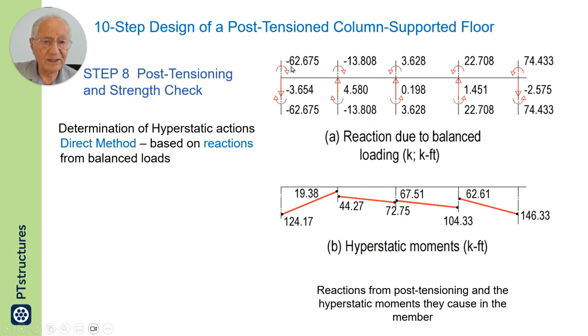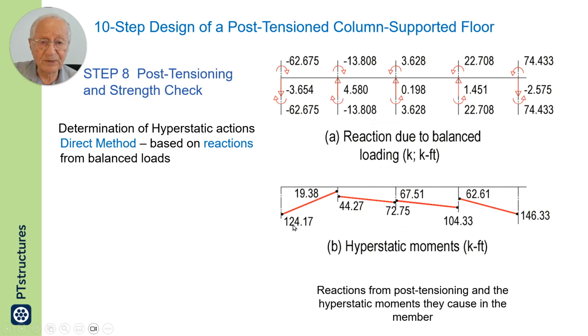We look at the column moments and column reactions and build from this information the moment diagram associated with it. We say here I have 62 and I have 62, 62 and 62 add up together to 124.